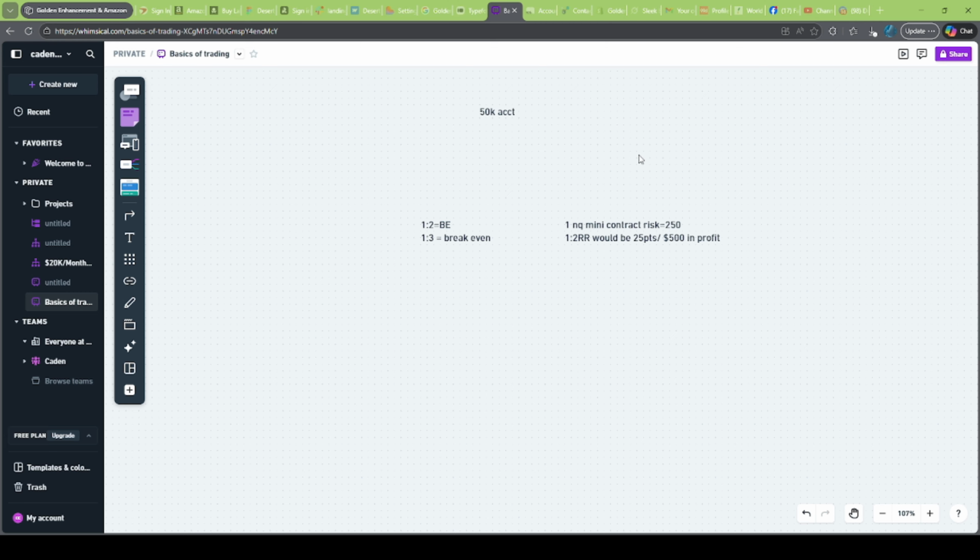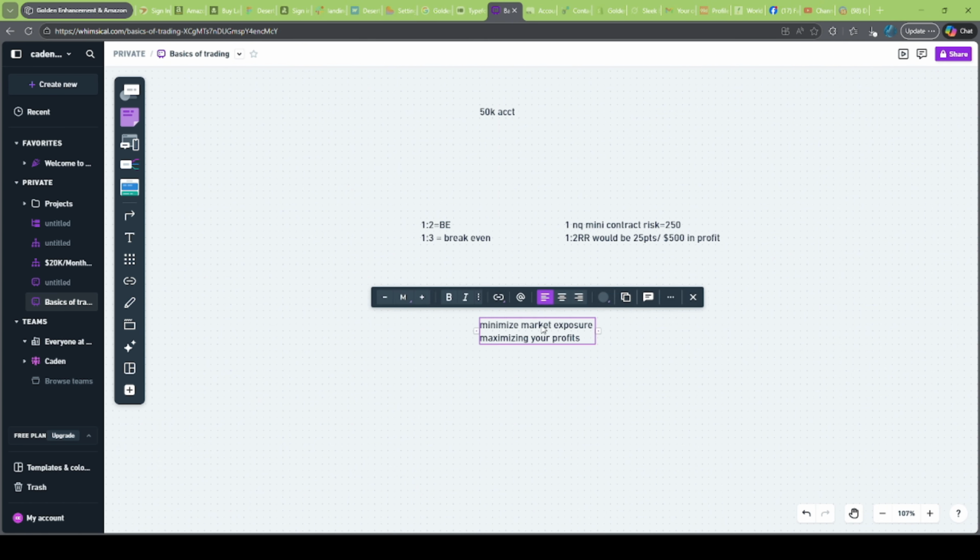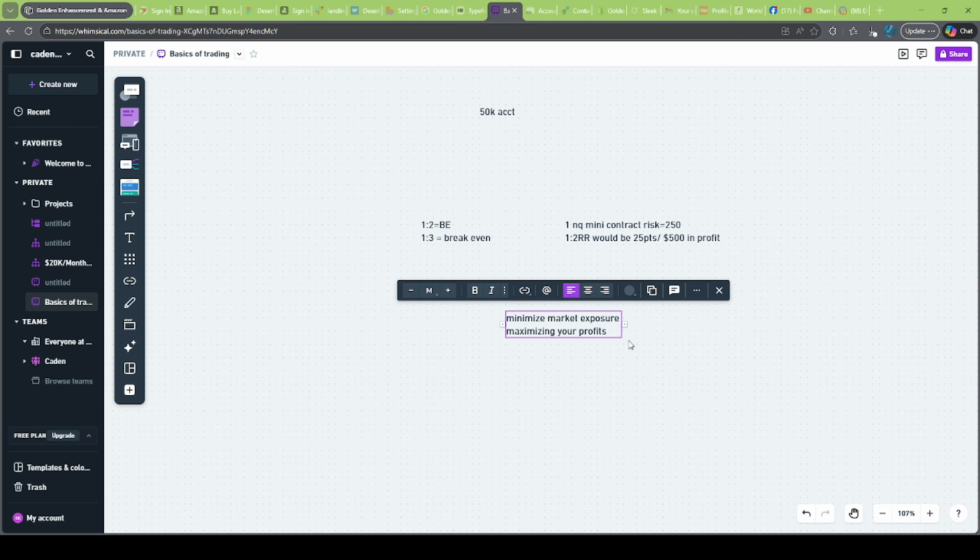Now, what I like to tell people always is to minimize market exposure at the same time as maximizing your profits. Very, very, very important. Write this down somewhere.